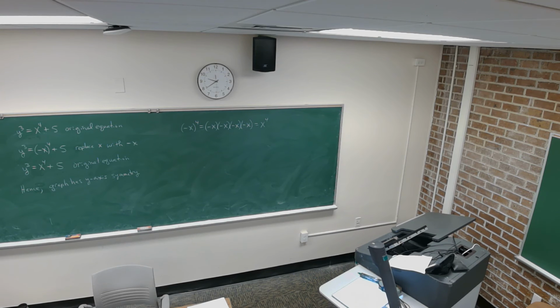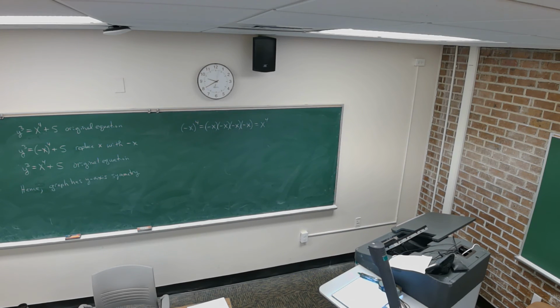And x-axis symmetry also has the characteristic that if you take any point on the graph, like in this case (4, 2), and you change the sign of the y-coordinate, that corresponding point is on the graph. So here's the point (4, 2). 2 is the y-coordinate. I changed the plus 2 to a minus 2, and you notice that the point (4, -2) is on the graph.